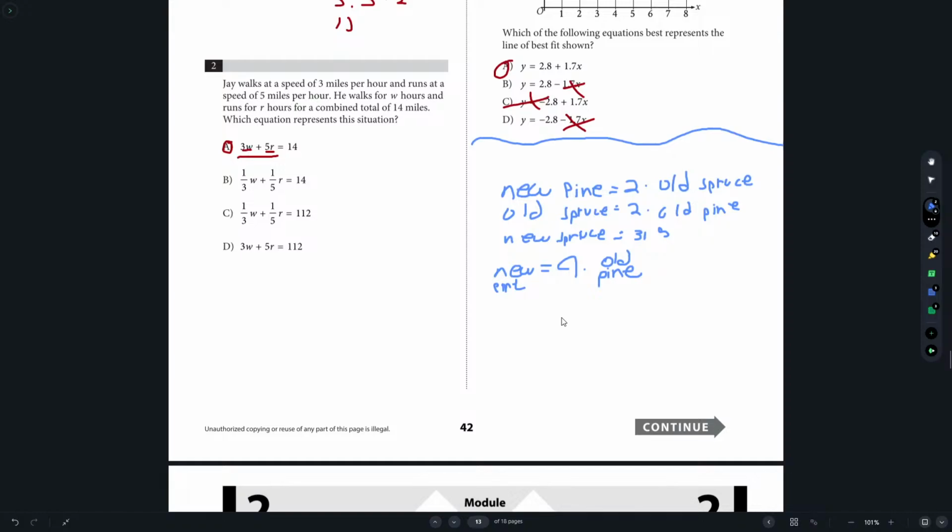One thing we can do is just plug in and hope we find the correct answer. I imagine they're close together, because if the spruce was 2 times as old as the pine at some point, that must mean it's no longer 2 times as old.